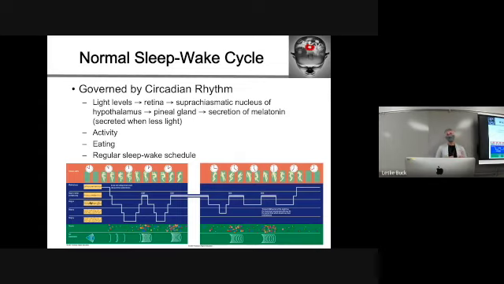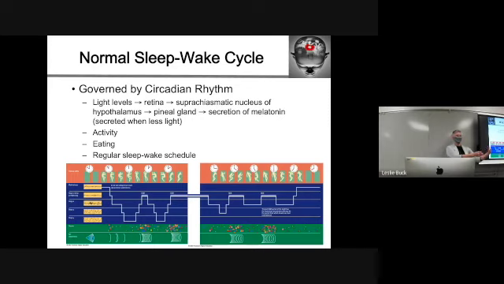Eating also affects the circadian rhythm. So at night when you're sleeping, for this extended period of time, you don't eat. You fast every night. And when you wake up in the morning, what are you supposed to do?